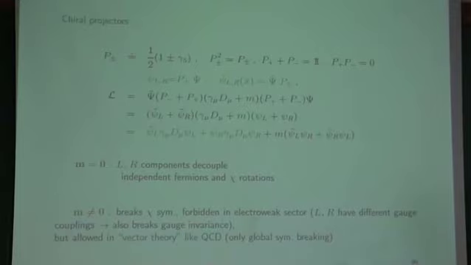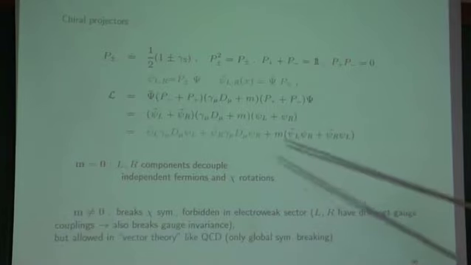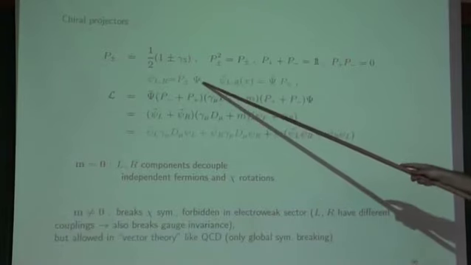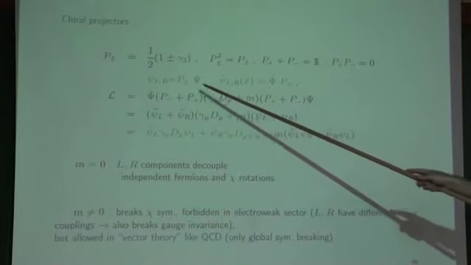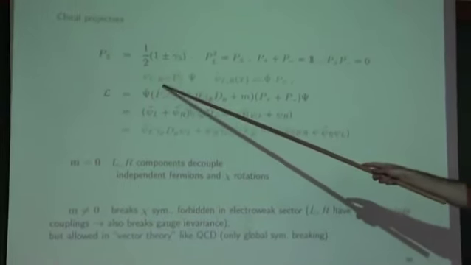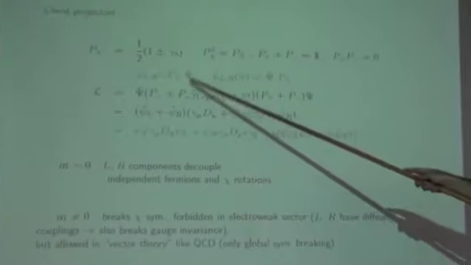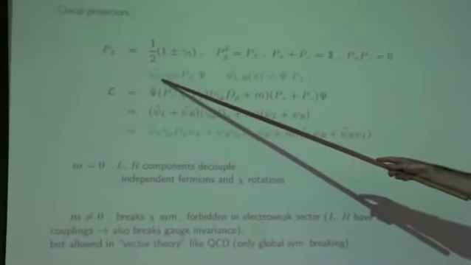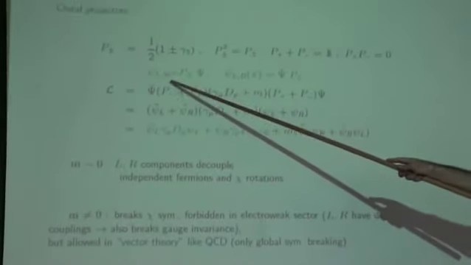Can you imagine this? We have a large space, and this projects into one or the other subspace of it. So if you apply this to a spinor field, which has 4 independent components, then we get 2 independent components which I call psi left and psi right.